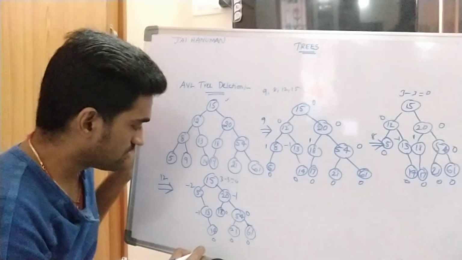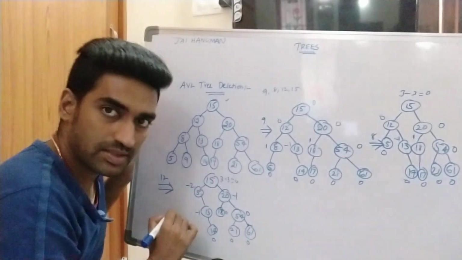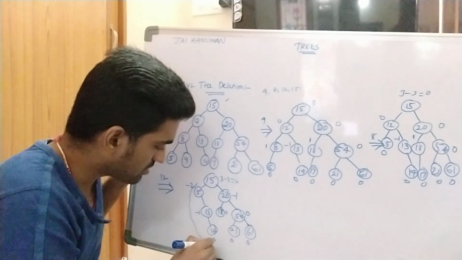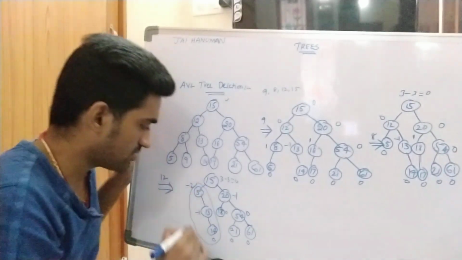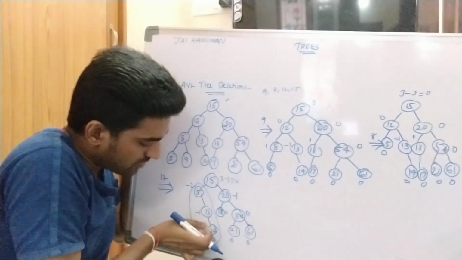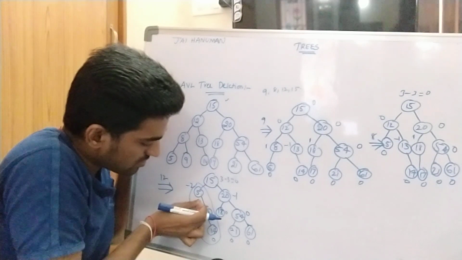So here node 5 is violating the AVL tree property. So that's why this is the critical node. So here for this node, a right subtree is there. So a right child is inserted at the right subtree.